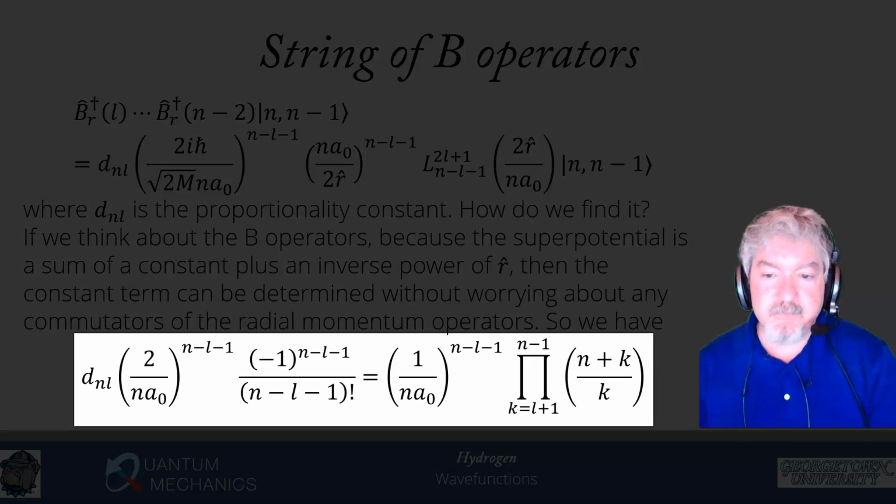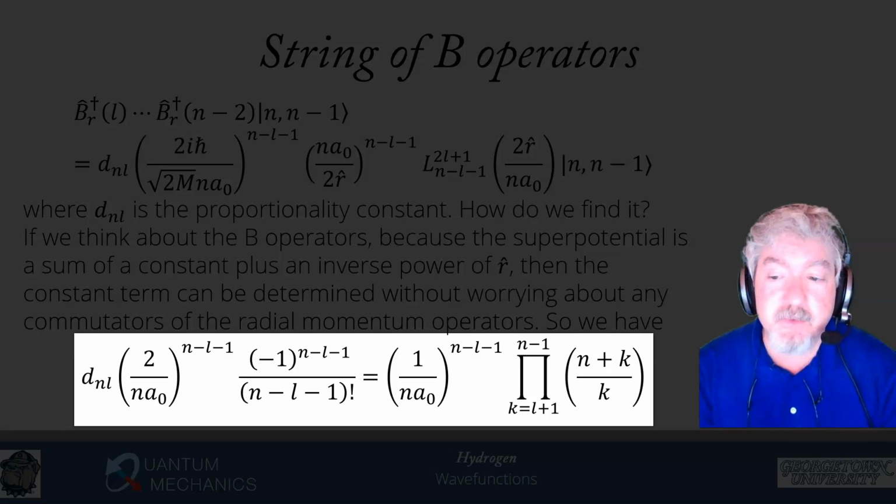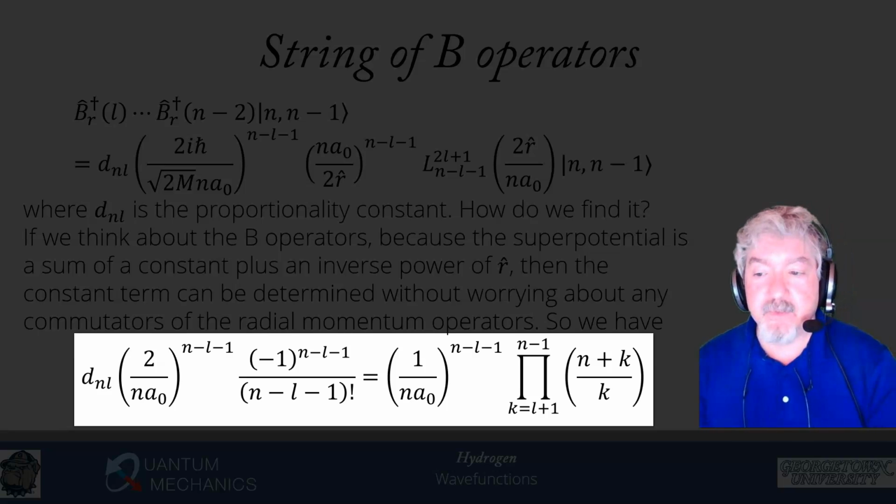And let's talk carefully about the factorials. So let's look at the numerator first. We have the n plus k. I start that off at n plus L plus 1, and it goes all the way out to 2n minus 1. So it looks like a factorial. It looks like 2n minus 1 factorial, but someone divided out the terms starting from n plus L, and so I have to divide that by n plus L factorial to get that.